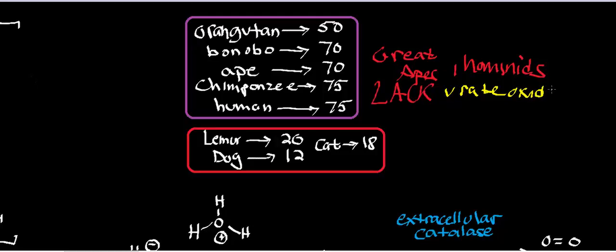So what does that mean for these guys? Well, for these animals, it means that they don't have any way to catabolize urate. And so they're going to have slightly higher levels of urate in the blood than other animals, like these ones shown down here. So what I have for you are basically the average lifespan for these animals.